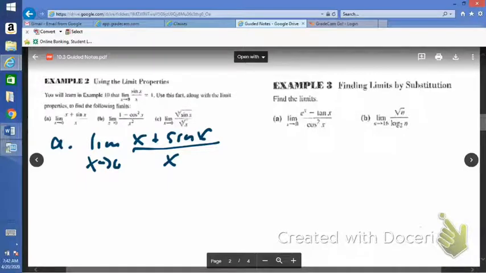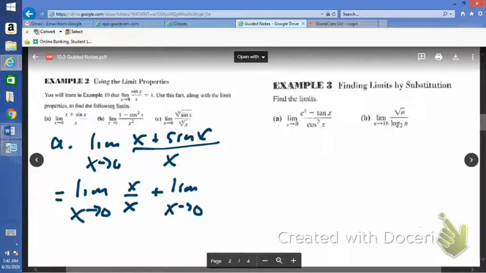We're going to rewrite it using the sum rule. So the sum rule is going to allow us to write the limit like this. Alright, now x over x is 1.